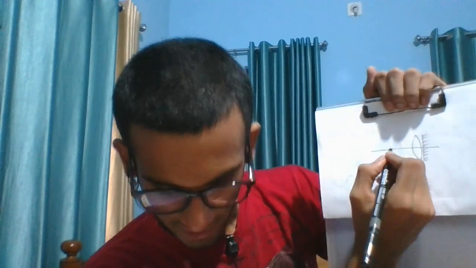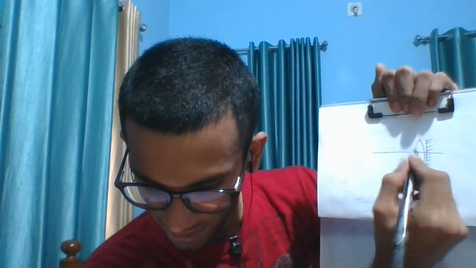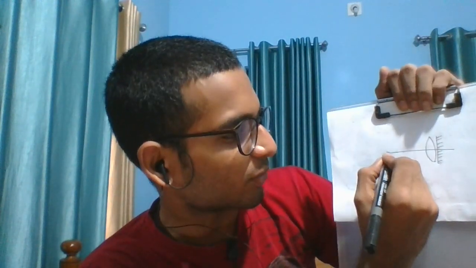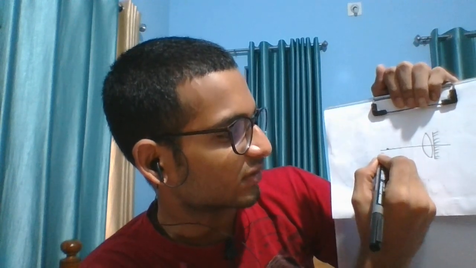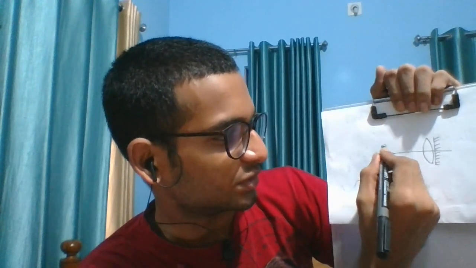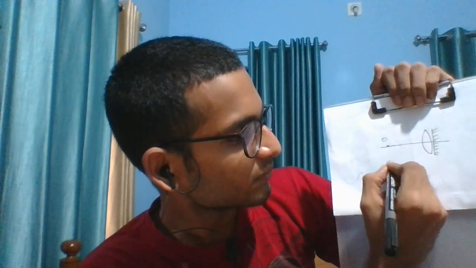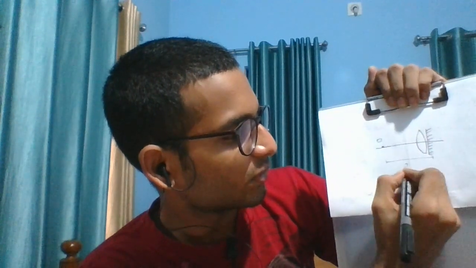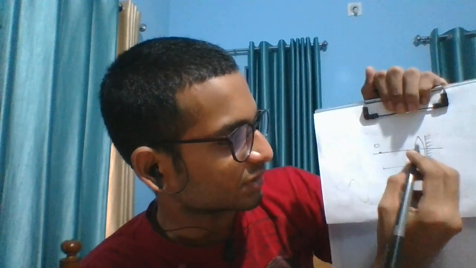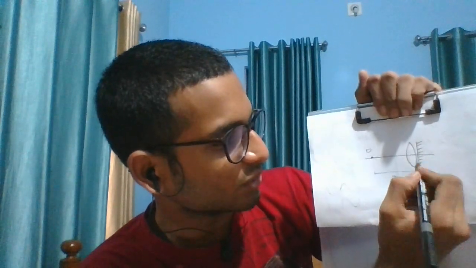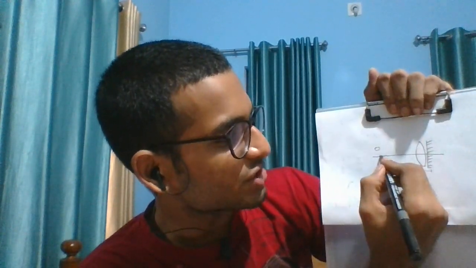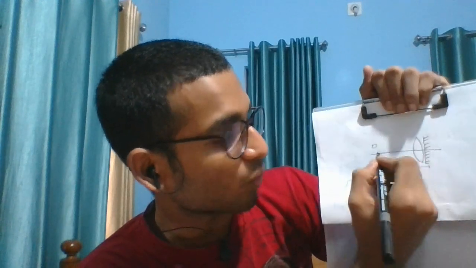So they are saying that a point object, let's call this O, this is the object O, is placed 20 centimeter from this combination. Due to this combination, the image of this object is coinciding with the object.